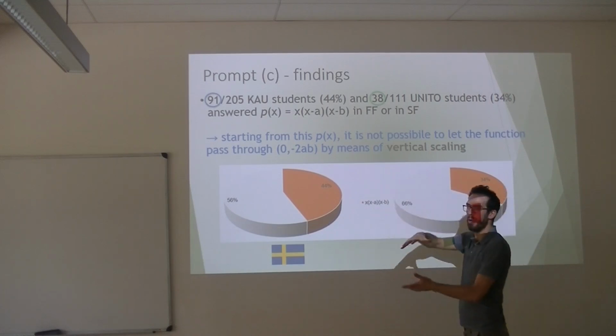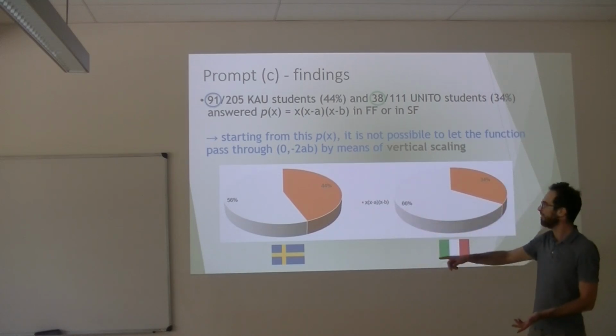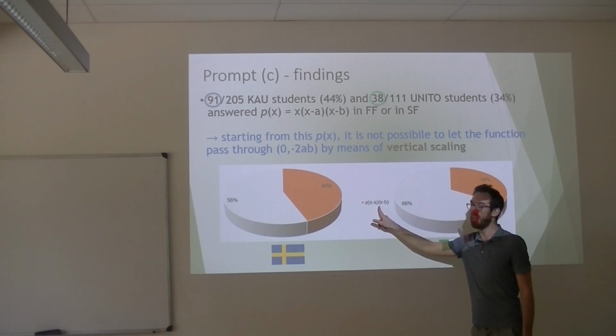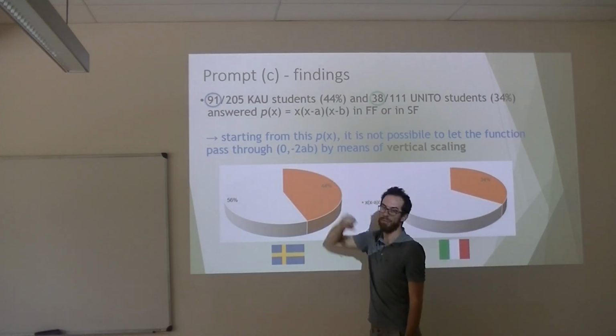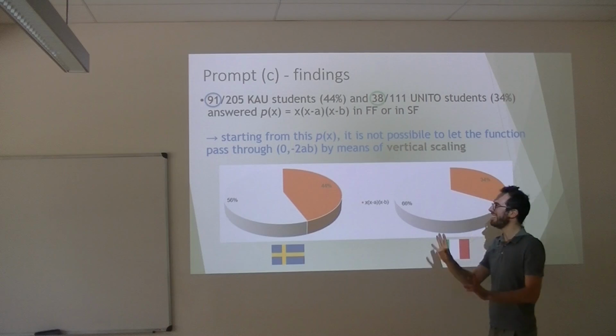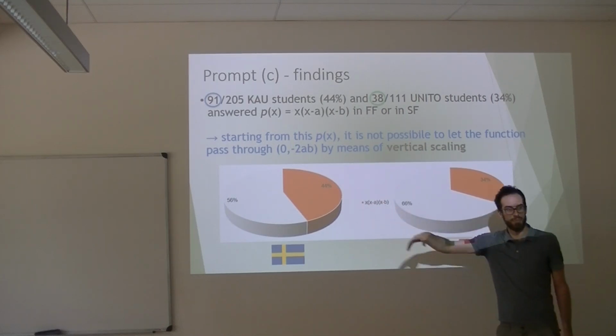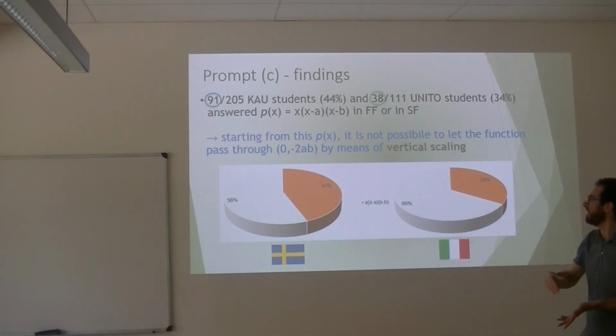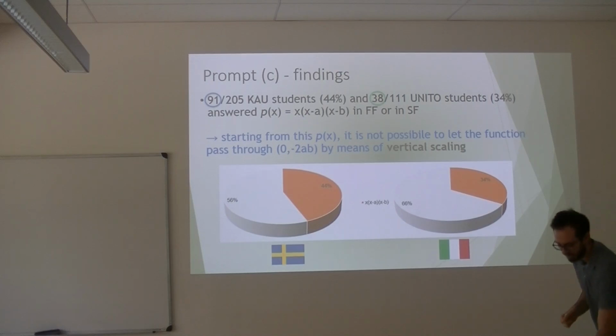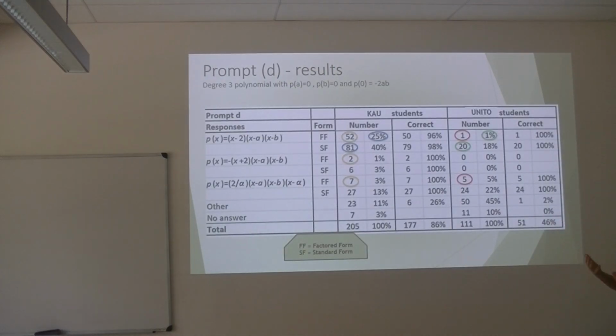So they cannot use vertical scaling to make this polynomial pass through minus 2ab. This is just a constraint: they cannot modify the previously generated example with vertical scaling, but need other means. It was just a remark, because the Italian students were using vertical scaling a lot, due to their background and the module at the university.